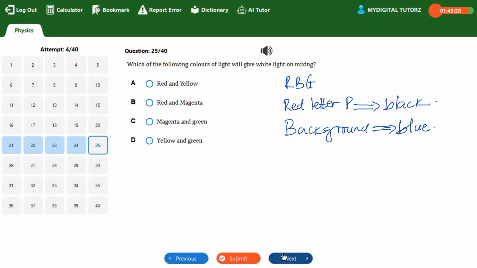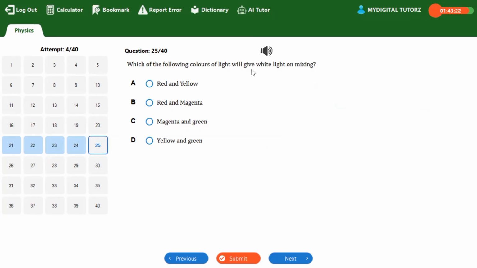So moving to question 25. 25 says, which of the following colors of light will give white light on mixing? A, we have red and yellow. B, red and magenta. C, magenta and green. D, yellow and green.